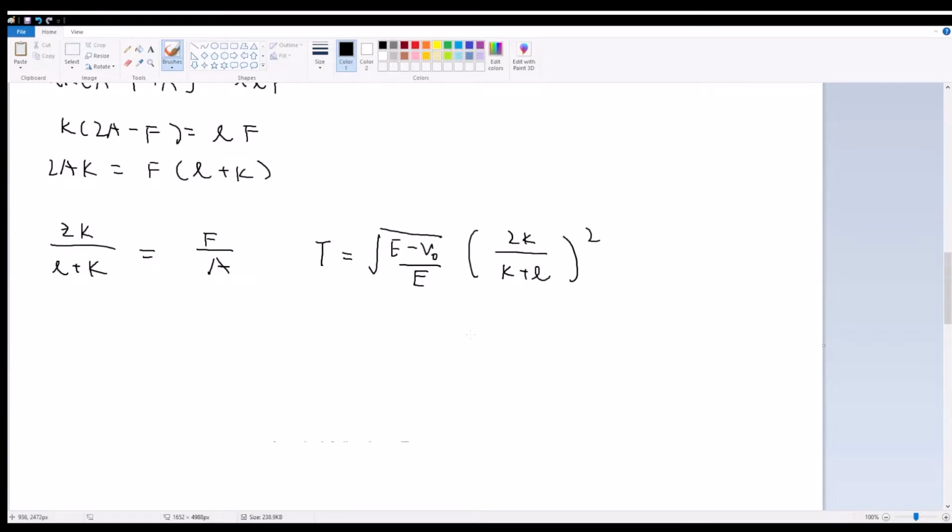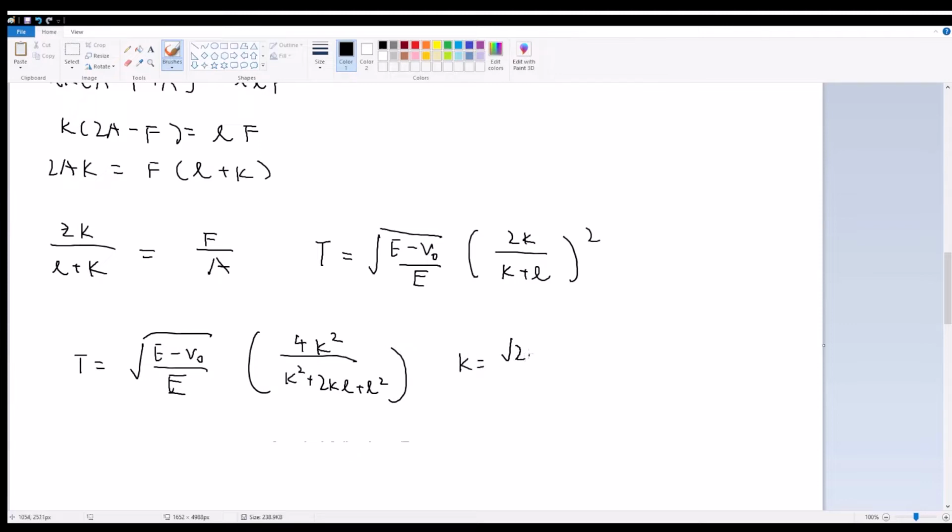So calculating this out, we get that T is equal to the square root of E minus V naught over E multiplied by 4K squared over K squared plus 2KL plus L squared. Remembering that K is equal to the square root of 2mE divided by h bar, and L is equal to the square root of 2m times E minus V naught divided by h bar.